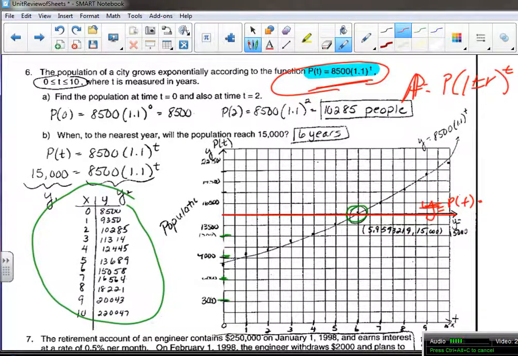Also, because this graph is not nearly so precise that we're going to be able to figure that out, that dot is 5.959, it's kind of silly to think you can do that. Circle that intersection point on your graph and write that x coordinate from your calculator.